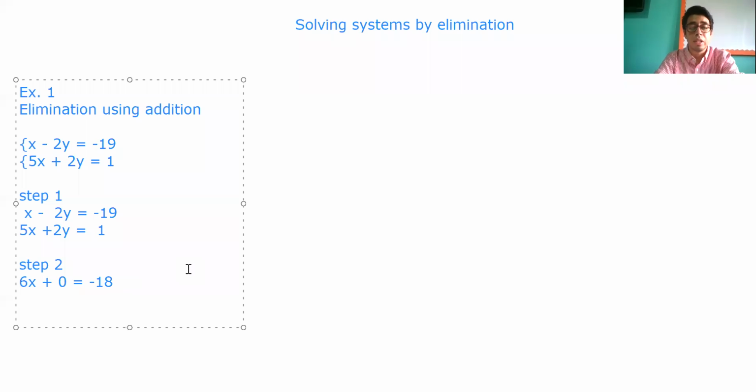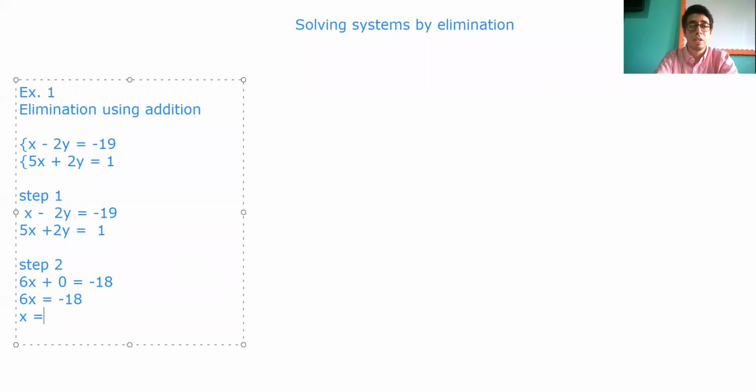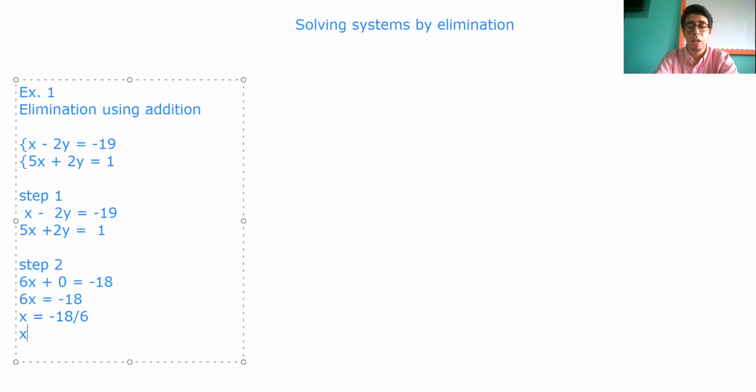So if you have 6x equal negative 18, you only pass the 6 that is multiplying to divide on the other side of the equation. So x is negative 18 over 6, and you obtain the value for x that is equal to negative 3.